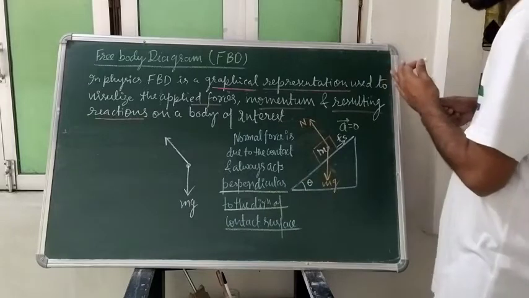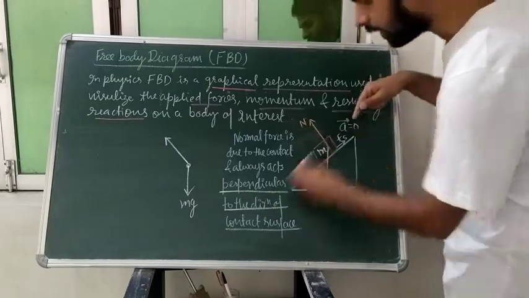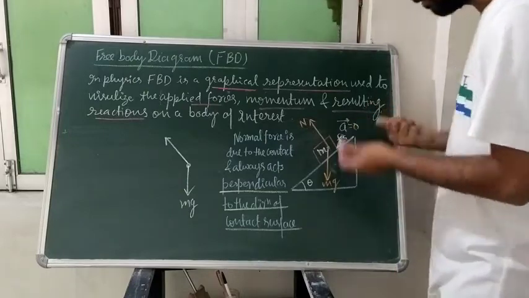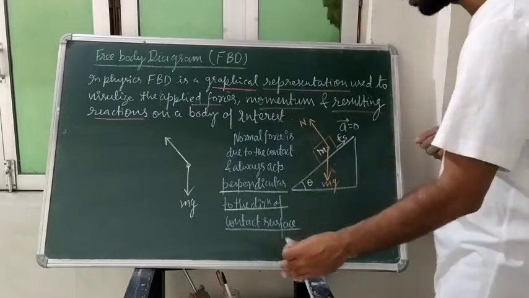It is not going up, is it? It is inclined, so it can go in the downward direction. So friction force will be opposite to the motion of the body.